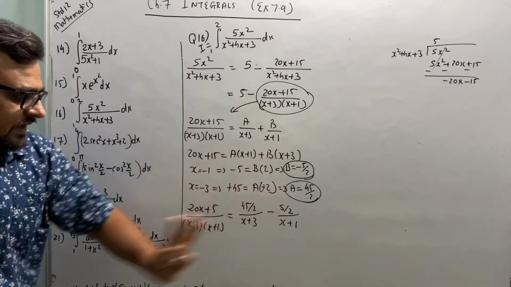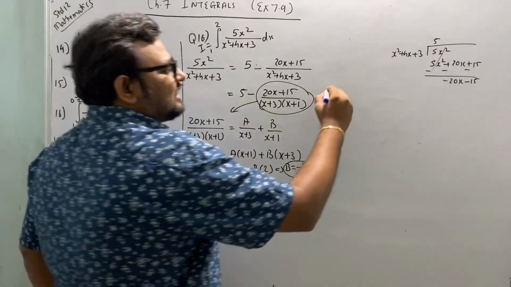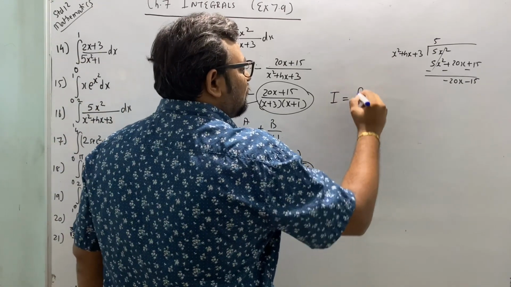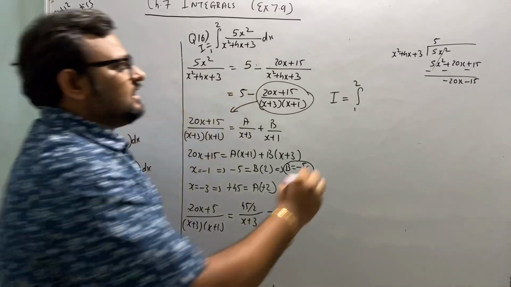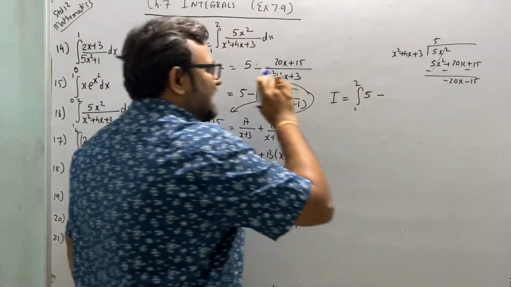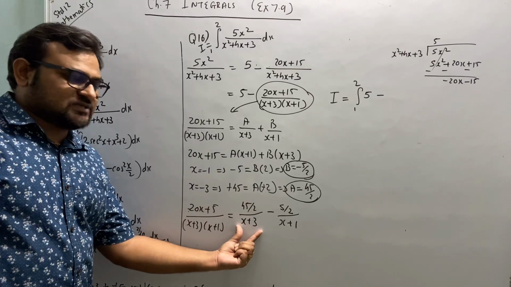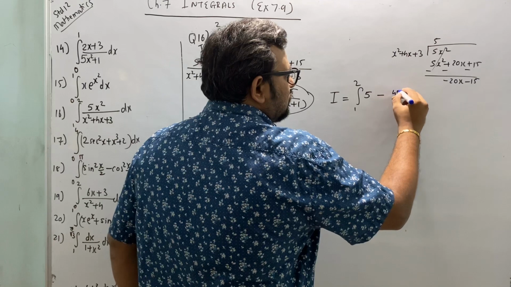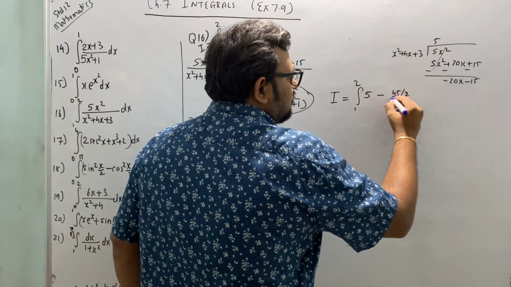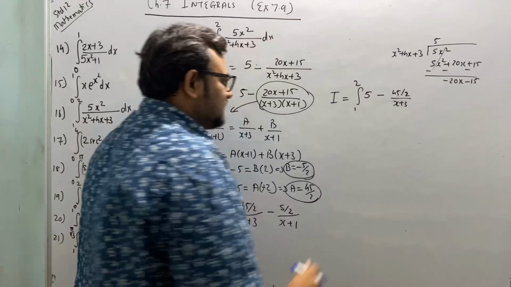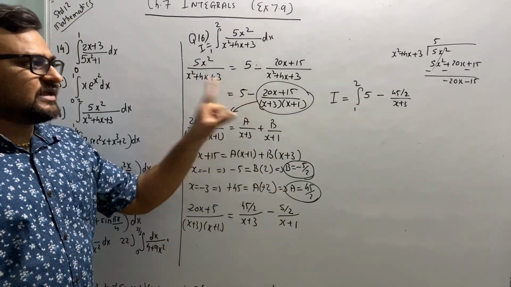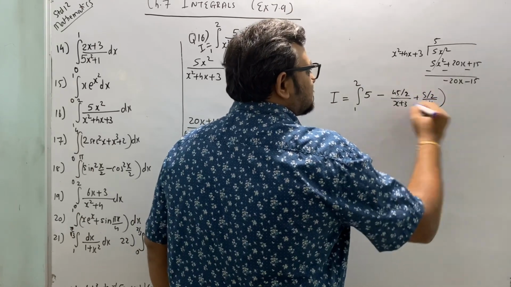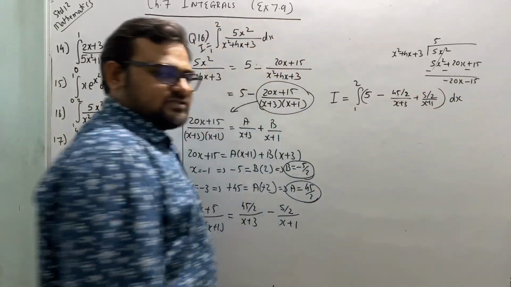So now our integral will be equal to integration of 1 to 2, 5 minus 45 by 2 upon x plus 3, minus 5 by 2, minus minus plus, 5 by 2 upon x plus 1 dx.